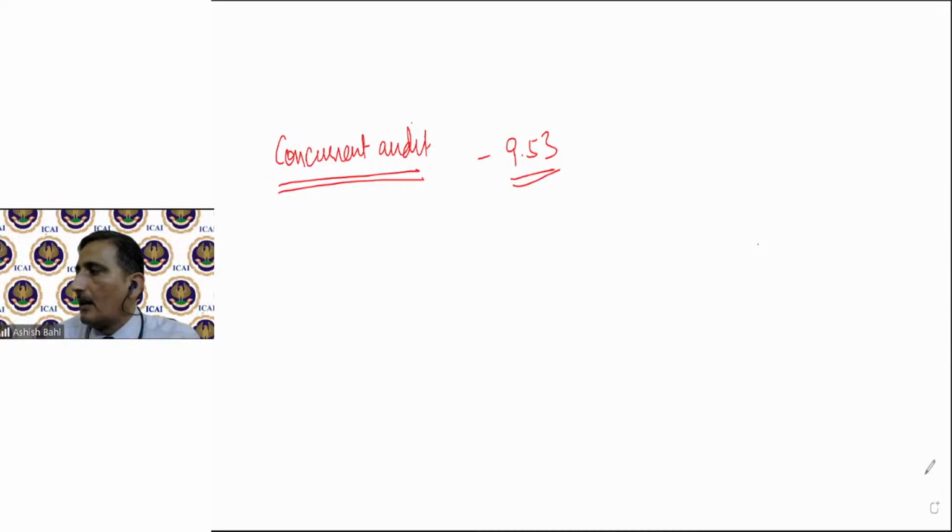Has anybody of you been part of concurrent audit? Yes, Viraj, Kaushiki, Anandi, Namrata. Have you done concurrent audit of some branch?